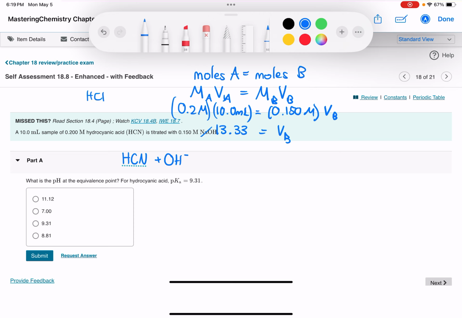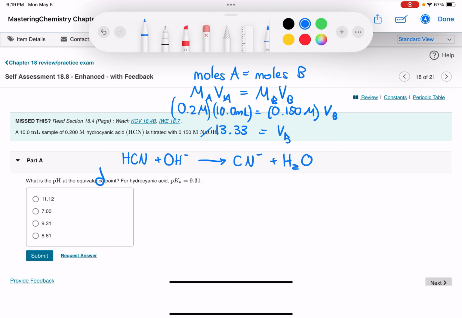In fact, if you're working with a strong acid, you can do that with the minus side and just call it H plus. I just did another video about how to write these equations and talked about this as well. Okay, so these guys combine and form CN minus and water.